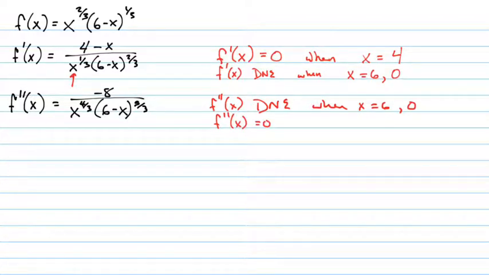But will that second derivative actually ever equal 0? Taylor kind of shook her head. Why not, Taylor? I don't know. I know that they don't exist. Okay, 6 and 0. What needs to happen in order for that fraction to equal 0?